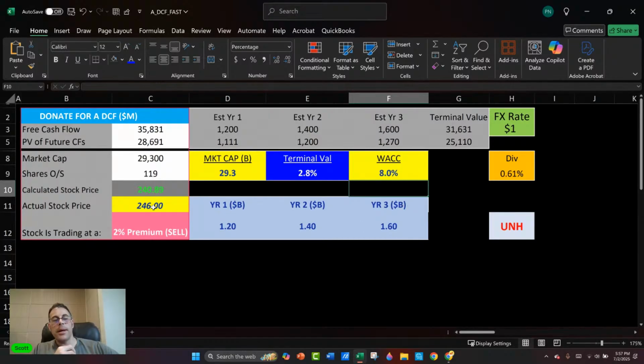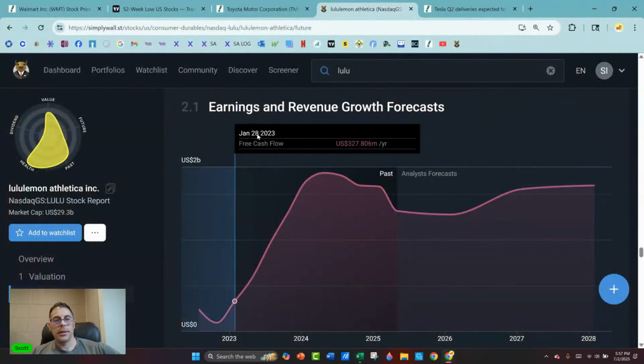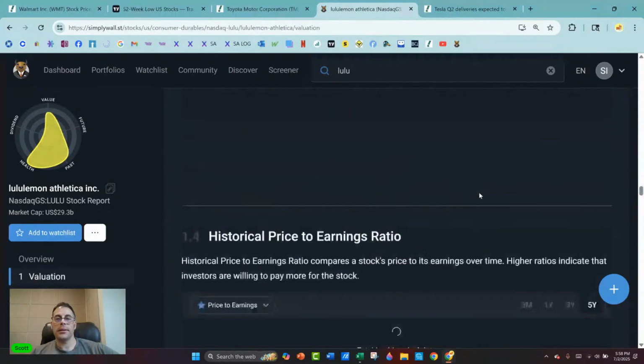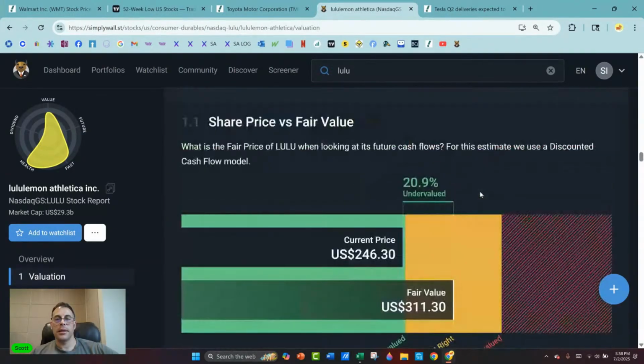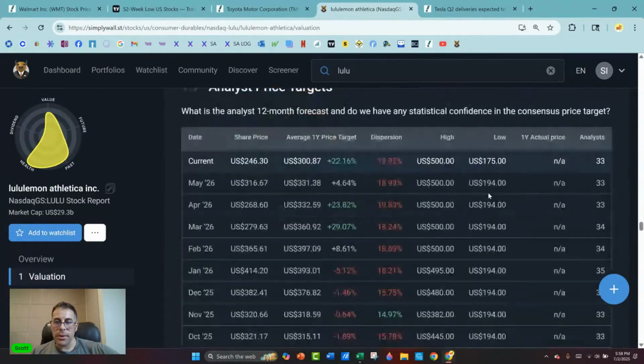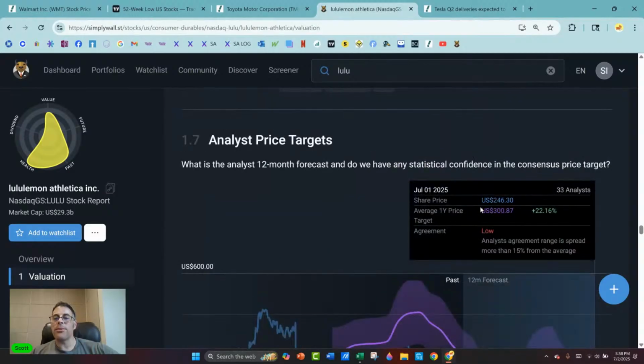I'm at 241 and it's trading at 246. That's interesting. Let's look at the analysts. What are the analysts saying? Analysts are at 300. 33 analysts have this at 300.